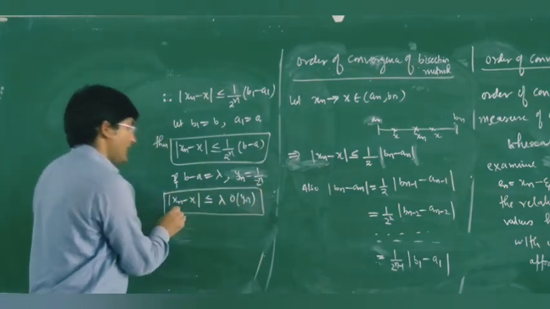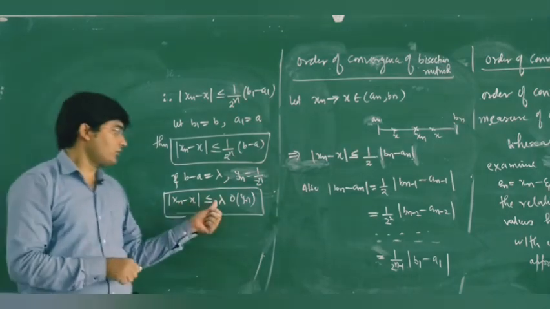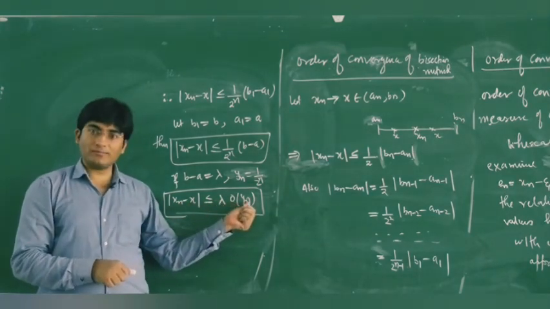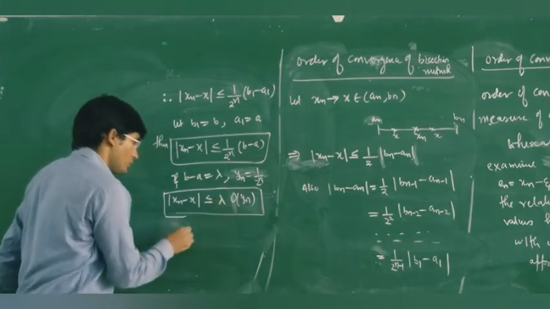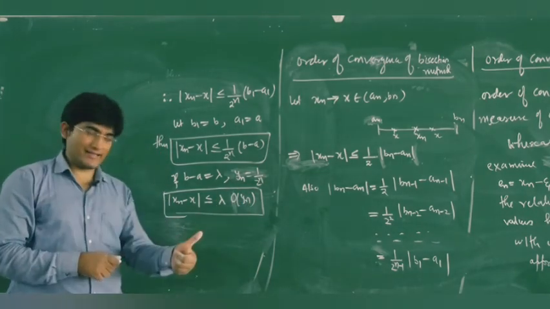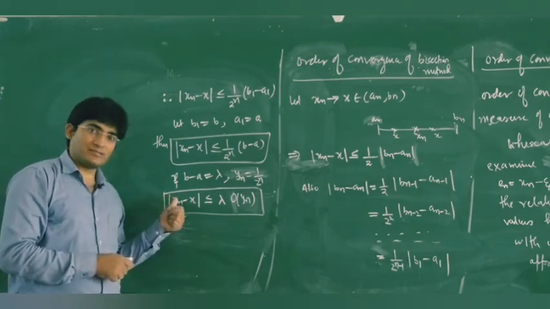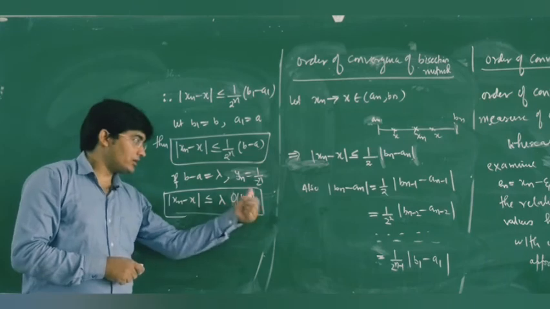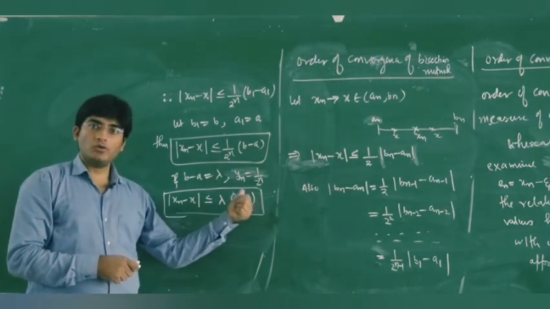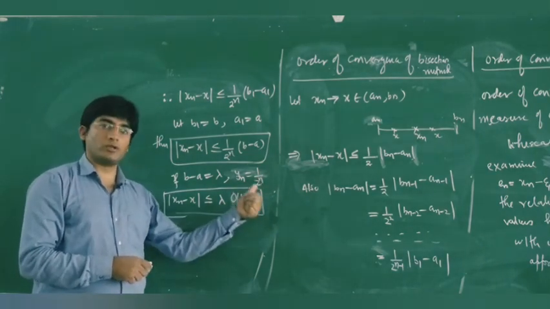So your xn minus x is equal to lambda times order of yn. So here we can say that in the bisection method, the sequence xn converges to x with the order of convergence of yn, and your yn is 1 by 2 power n.